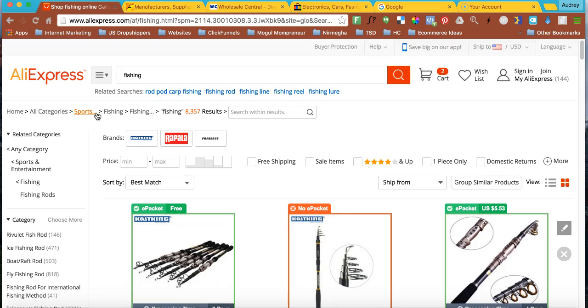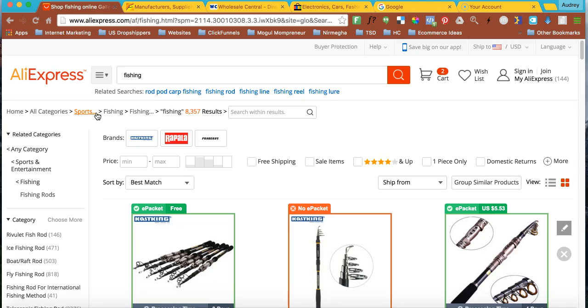With ePacket, though, a lot of times the supplier includes ePacket shipping for free, or you have to pay a nominal amount, usually $1 or $2, which is fine. ePacket shipping on average will get to the customer in around 12 days. They say between 12 and 15 days, but I'd say about 12 days. Any other shipping method generally is going to take 30, 60, even up to 90 days. So we want to stay away from those.